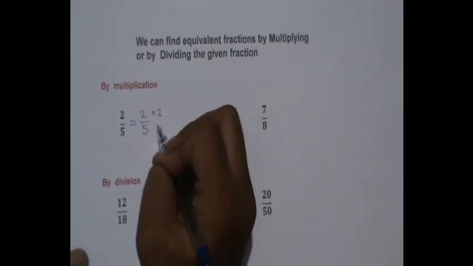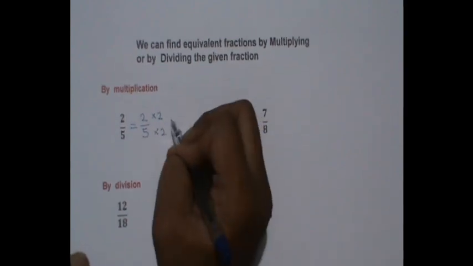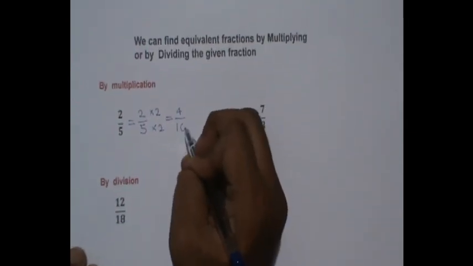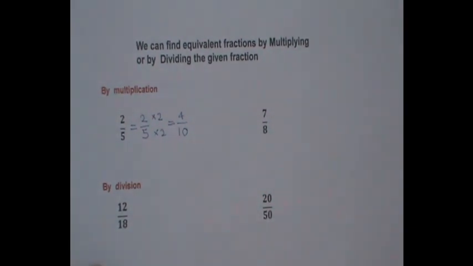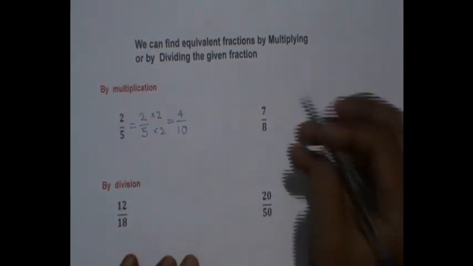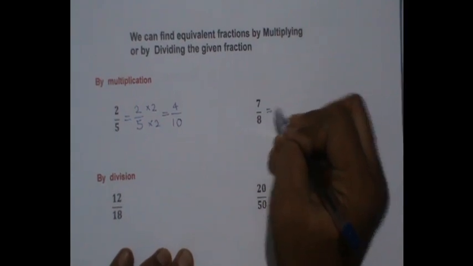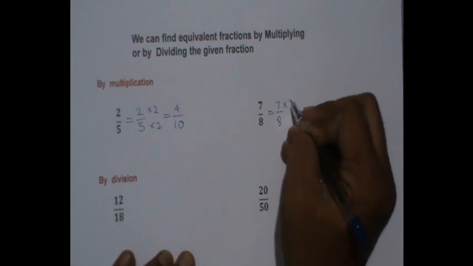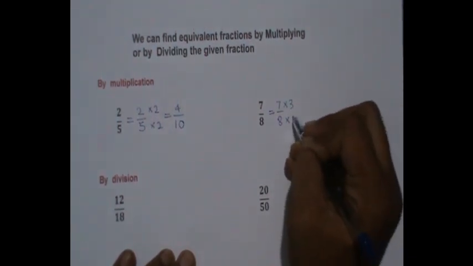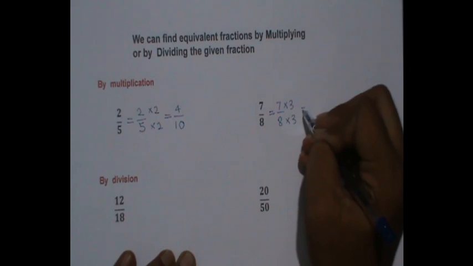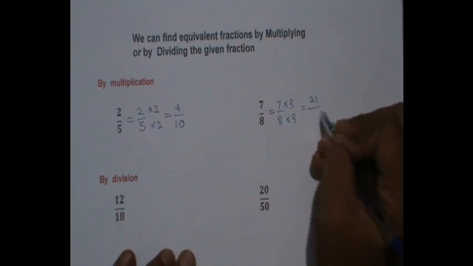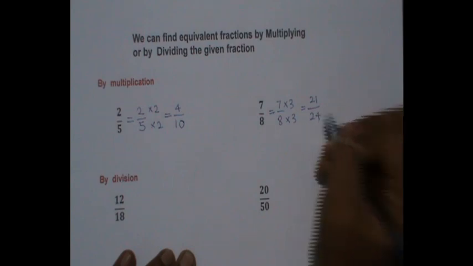I will take 2, so you will get 4 and 10. 4/10. Write again and multiply both numbers by 3. We will get 7 into 3 is 21, 8 into 3 is 24.